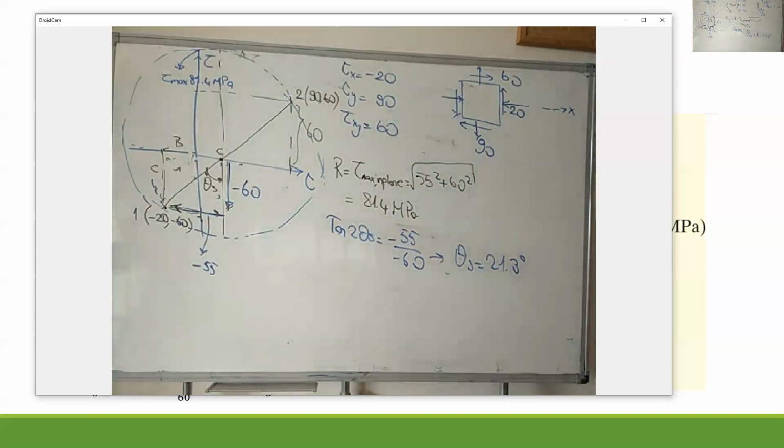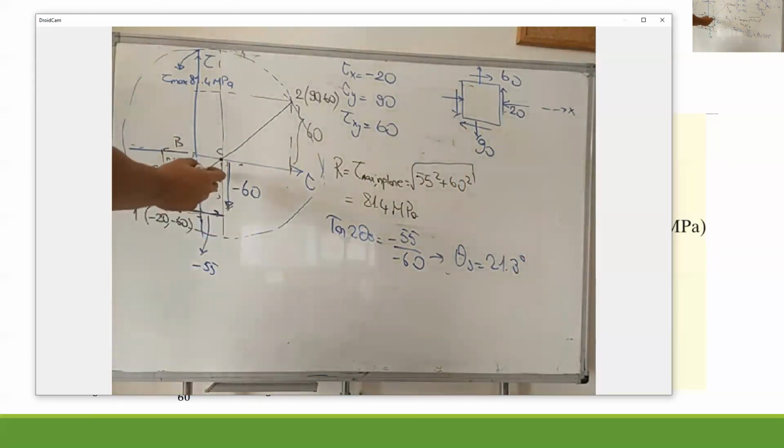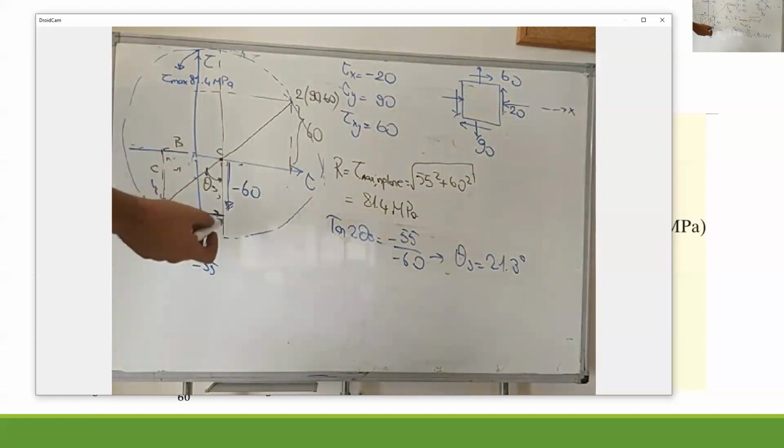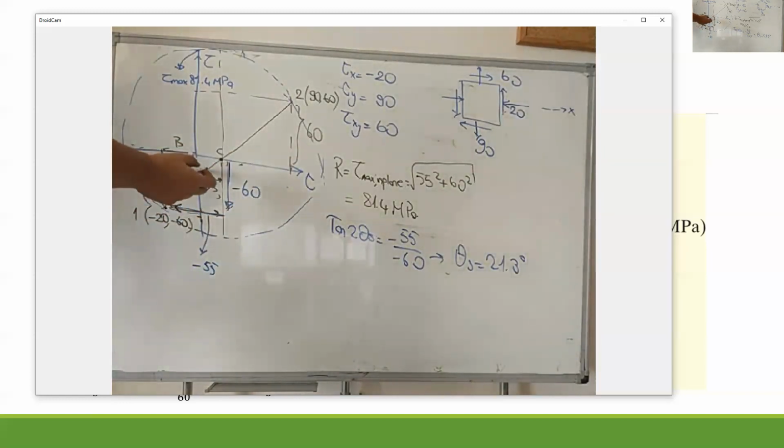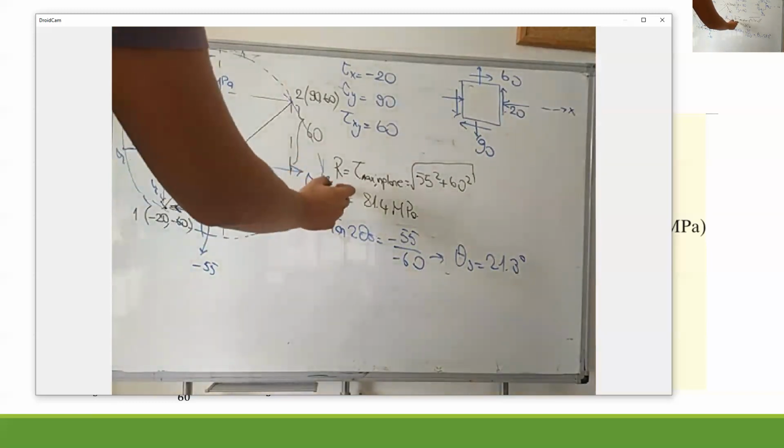Now finally I can find sigma 1 and sigma 2. If I use these directions, sigma 1 and sigma 2 are okay, but I want theta s, theta p like 2 theta p in this angle. So I'm defining sigma 1 in here, sigma 2 in here.